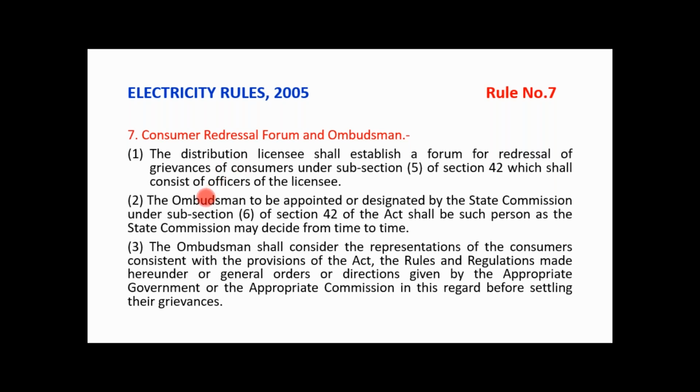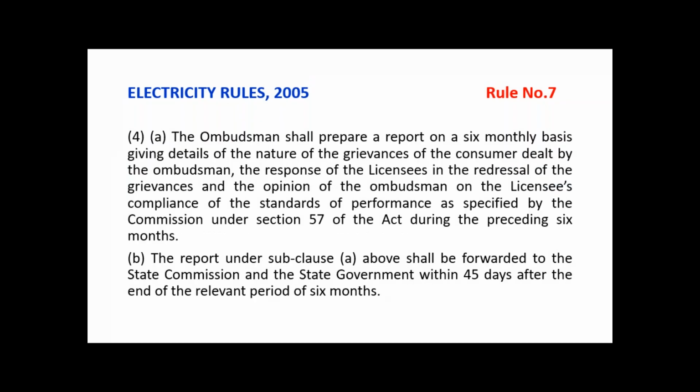And then an ombudsman is to be appointed or designated by the state commission under subsection 6 of section 42 of the act. So an ombudsman means a person who has the authority and power to resolve all these grievances or complaints raised by the electrical consumers. So the ombudsman is the higher authority as far as the consumer redressal forum is concerned.